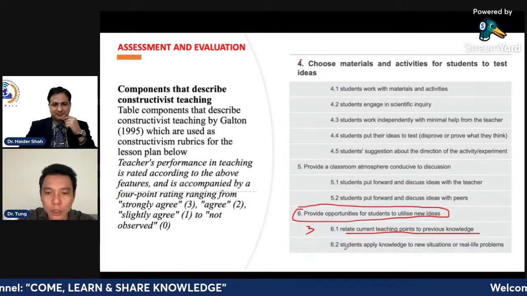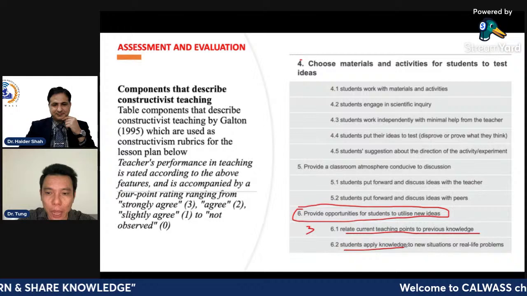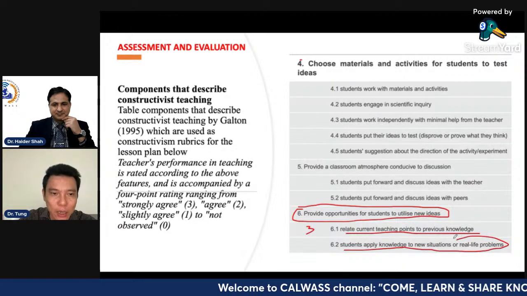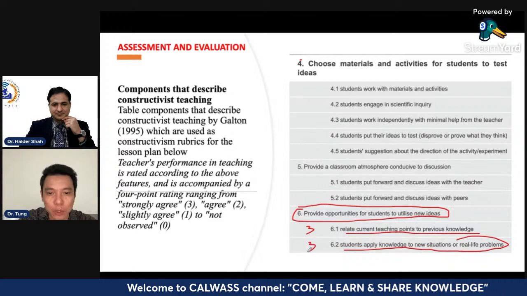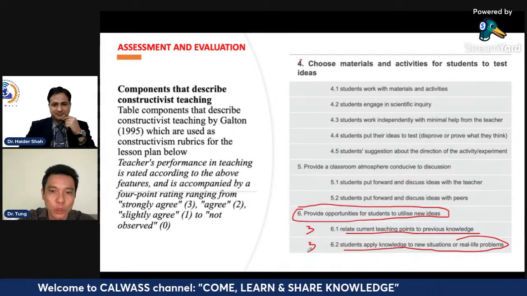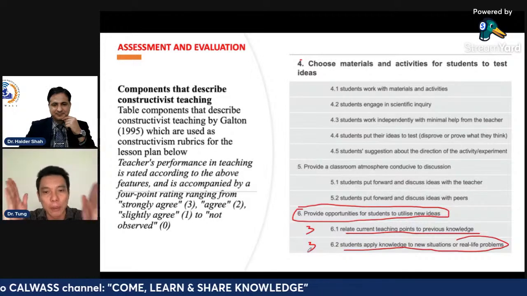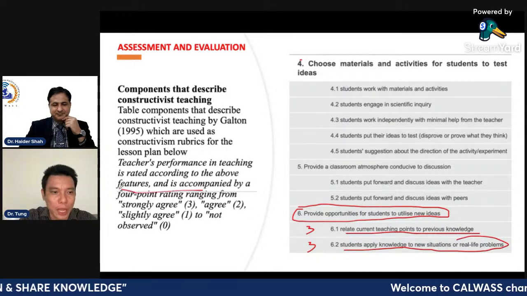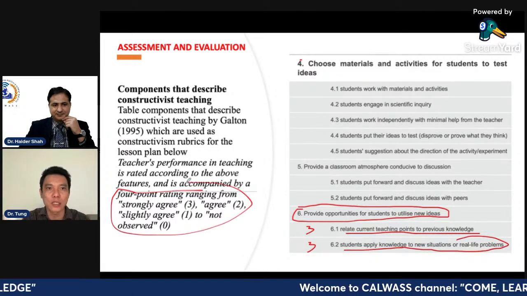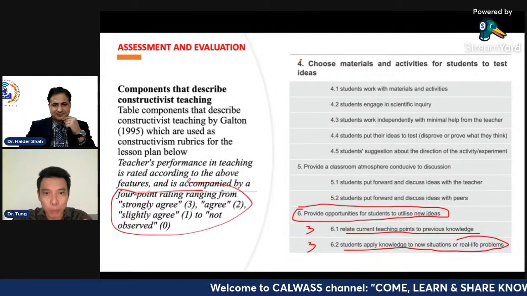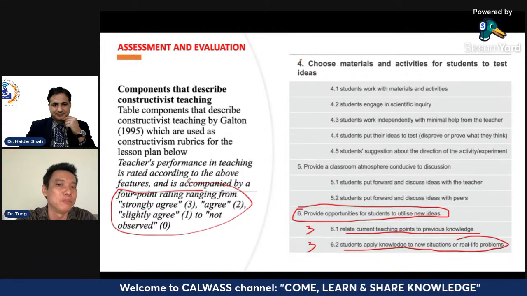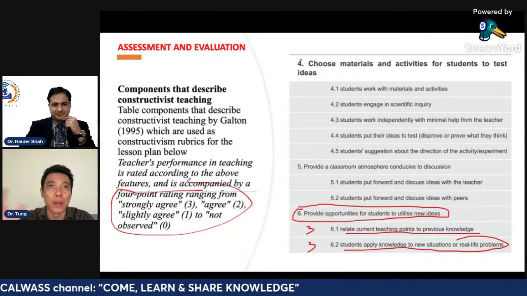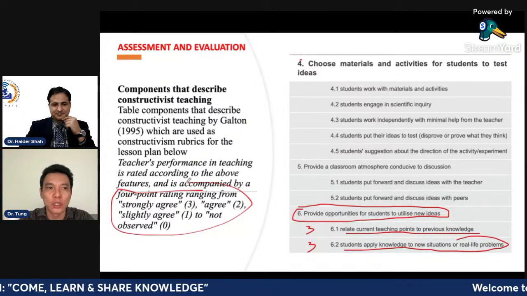Or if the teacher allows students to apply knowledge to a real-world problem, you can mark number 3 or number 2. So it's up to your observation, and you can mark the teacher based on the 4-point rating like this. So let's use the assessment and evaluation rubric for the constructivism teaching methodology, so that we can make sure we are applying constructivism correctly.